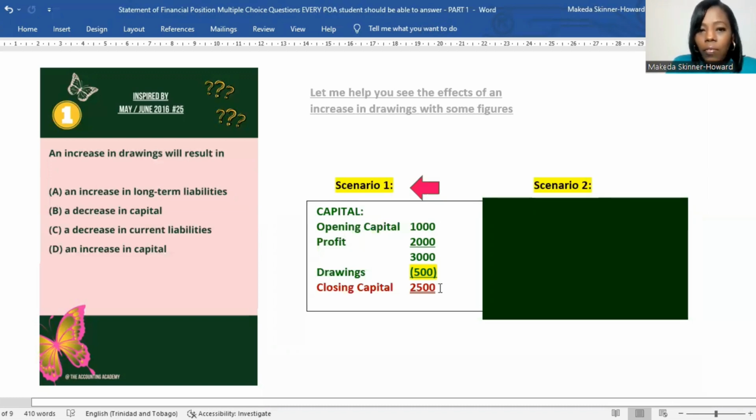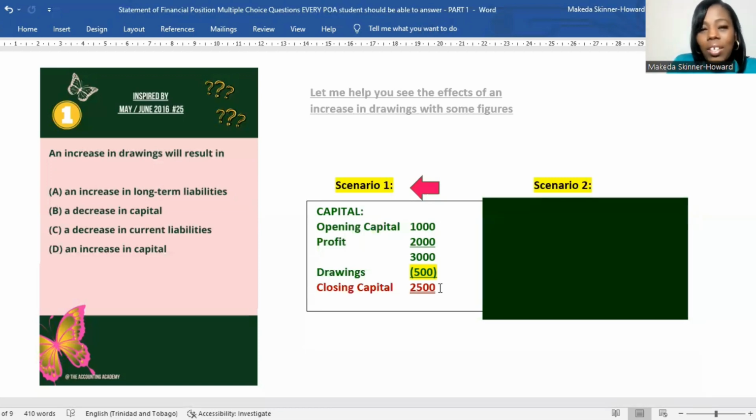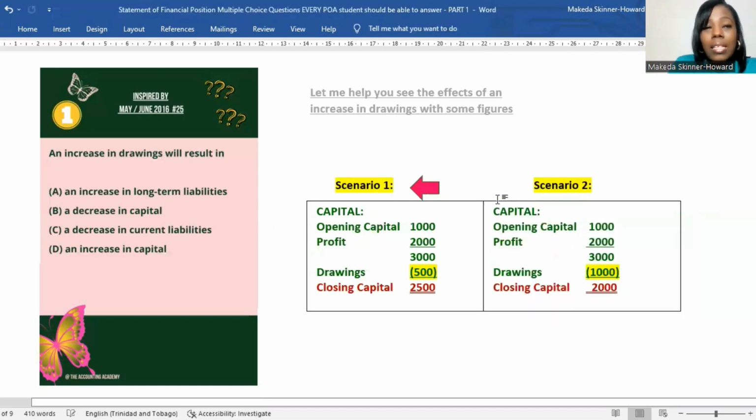This is the vertical formula, or the capital section of your balance sheet. All right, so let's look at scenario 2. In scenario 2, we kept the opening capital and the profit the same, but our drawings increased by $500.